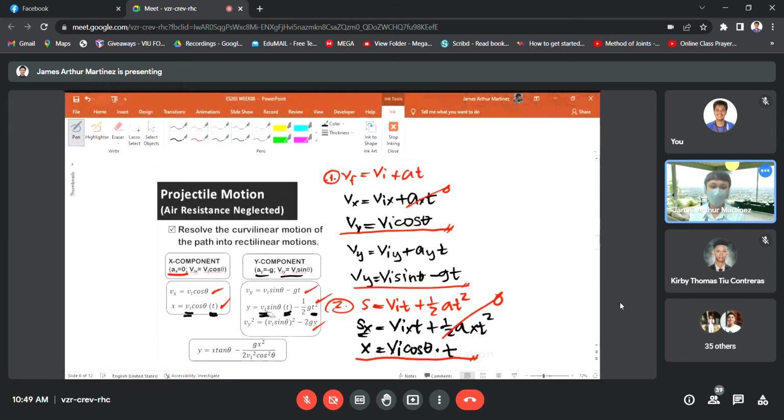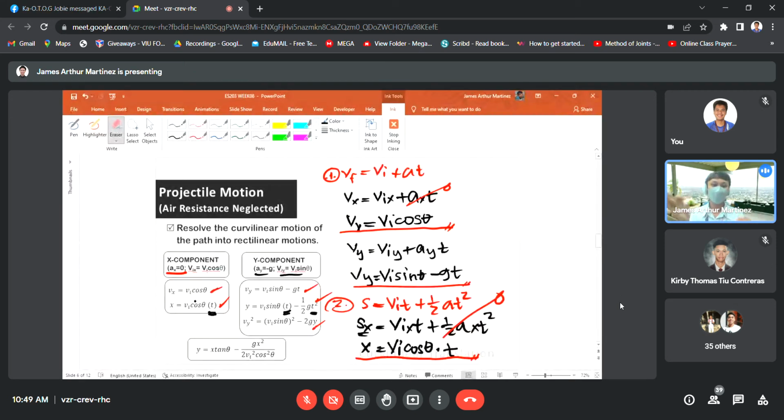From point A to point B, the time should be the same since we obtained the x and y components from it. So we express it: t is therefore equal to x over vi cosine theta. Okay? So we now have an expression for time as a function of range, initial velocity and angle of inclination.